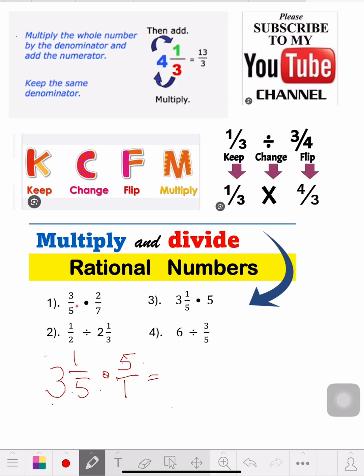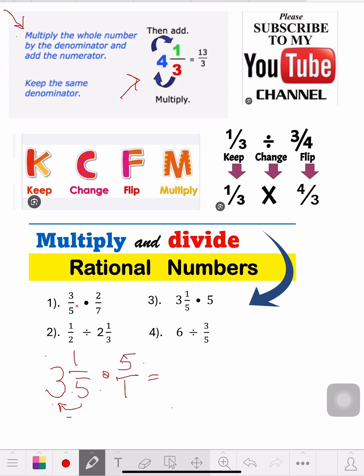What I did above, right up the top here, I showed how to change a mixed number to a fraction. So what we're going to do here is we multiply, as you see up the top here, the 5 times the 3. We're going to do a times here.